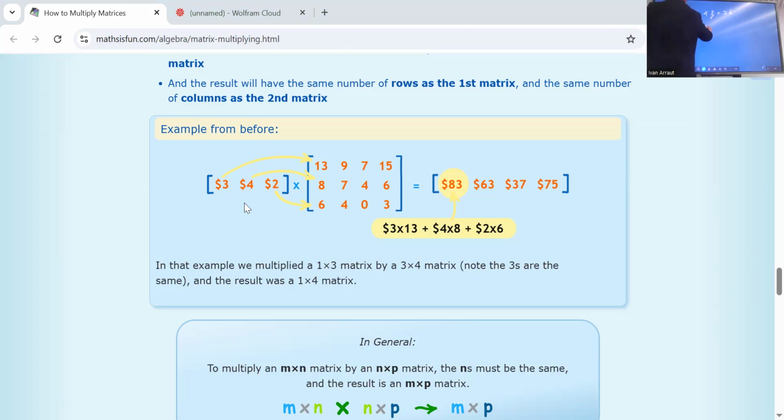If you display it in a 3D diagram, 1, 2, 3, 1, 2, 3, 4, 1, 2. This is your vector of prices.